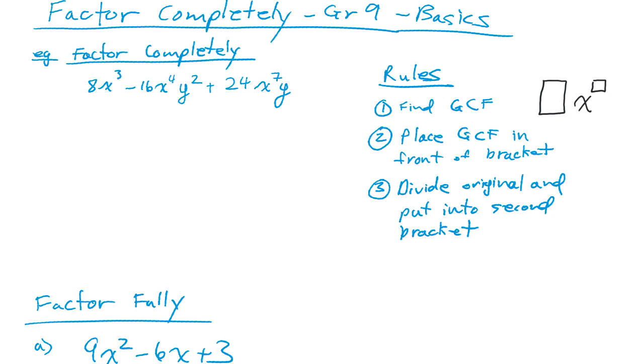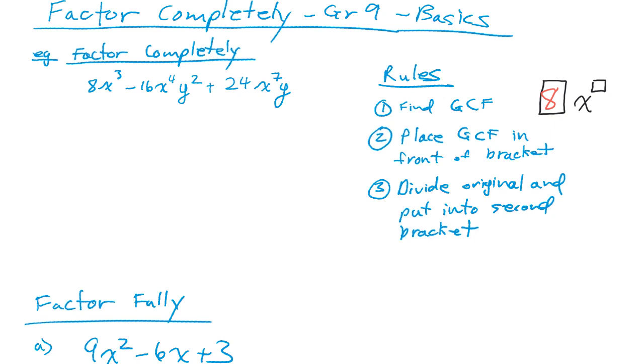We also have an x but no y term for our GCF because it's not shared between all three. The coefficient depends on all three of these coefficients, the 8, the 16, and the 24. So we need to find a number that divides all three. In this case, when you sit down and work it out, you find that it is 8.